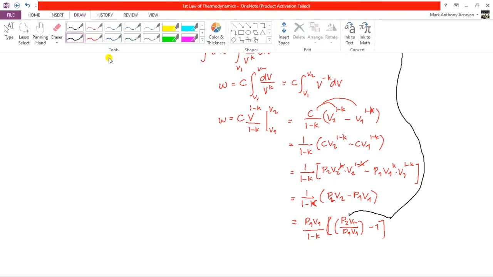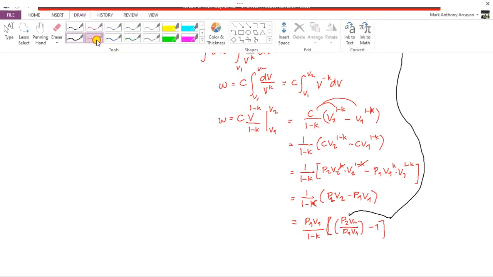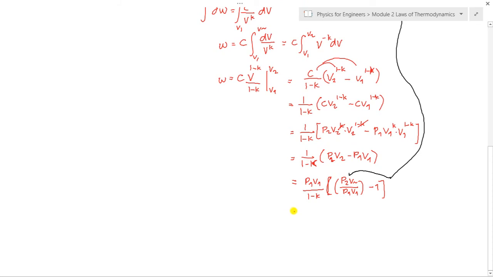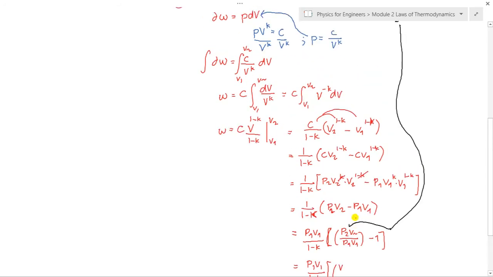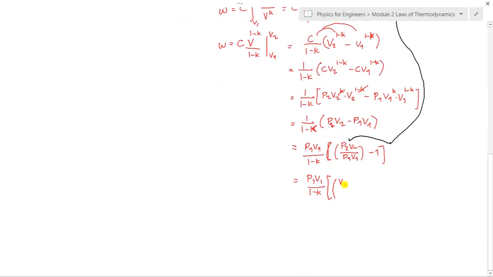So therefore it would now be equal to P1 V1 over 1 minus K, then multiplied by V1 over V2 raised to K, and then V2 over V1, minus 1.